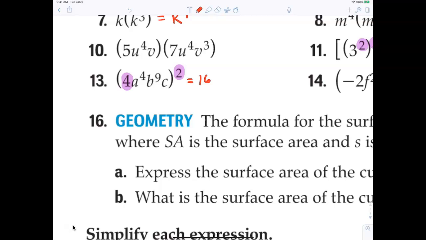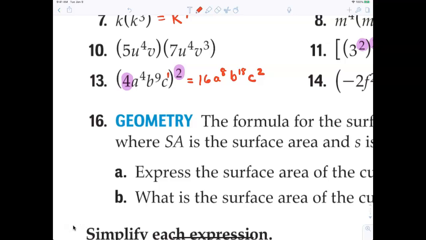A to the 8th. B to the, that's correct. And then c to the second, that's right, because this is a 1 here. So that would be c squared. That wasn't hard, right? It's not hard, guys. I promise you it's not hard.